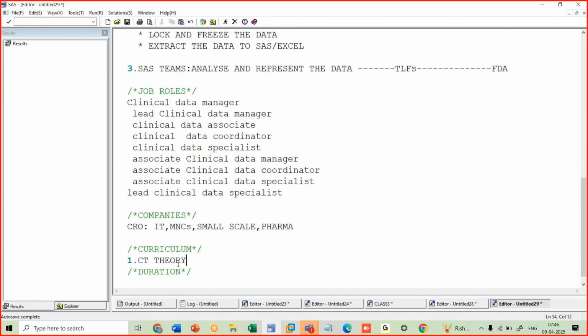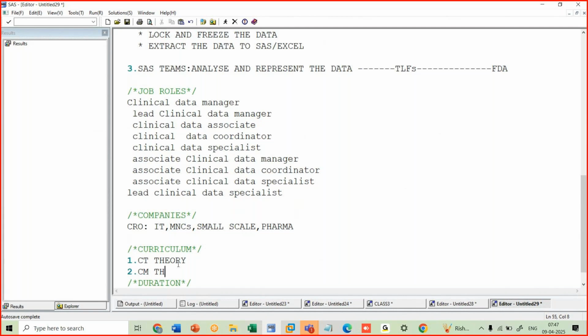In the first part, I'll cover clinical trial theory: process of the clinical trial, the team, whoever all are involved in the clinical trials, and protocol, CRF, ICF, all with live examples, and the guidelines, SOP, 21 CFR, IRB, GCP guidelines.